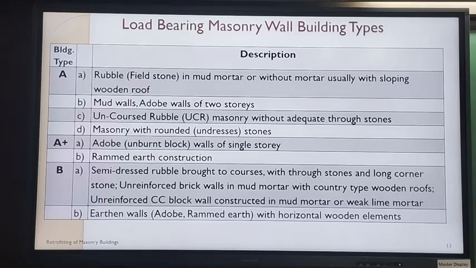The corners also need long stones to connect one wall to the other. Also, a lot of times you find earthen walls with horizontal wooden elements, though only once in a while. These definitely perform better in earthquakes, so that is category B.